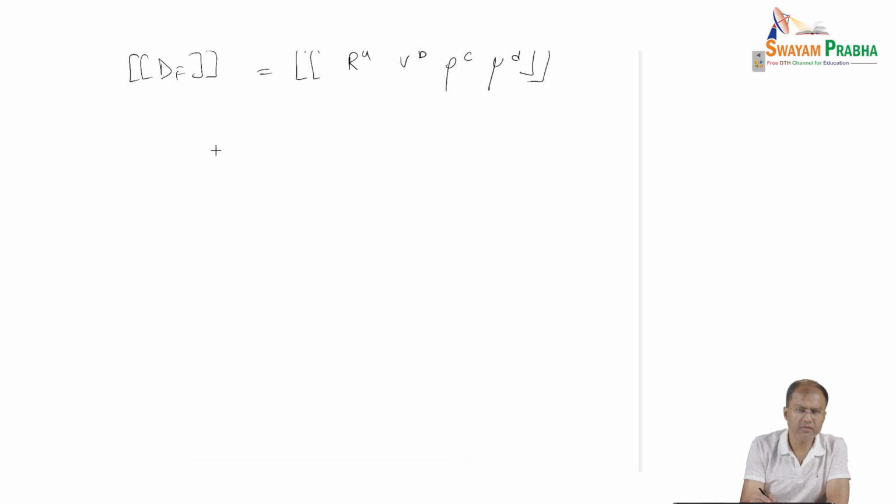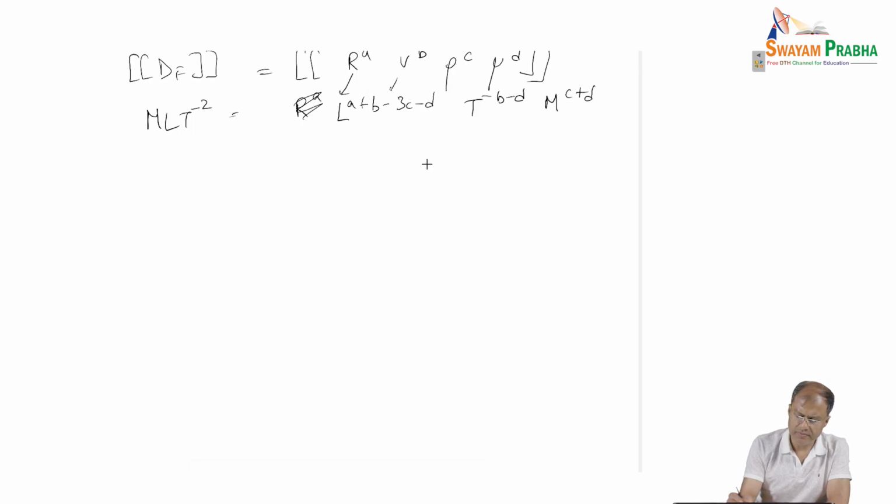And now we start to equate the dimensions. M L T^-2 is, after plugging in all the fundamental dimensions, L^(A+B-3C-D), T^(-B-D), M^(C+D), right?